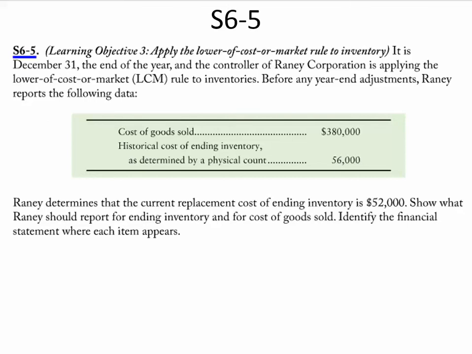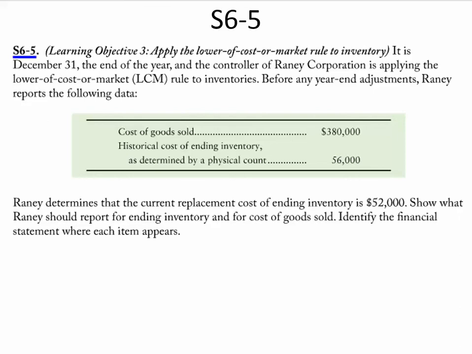They have cost of goods sold of $380,000, and the historical cost of ending inventory as determined by a physical count is $56,000. The company determines that the current replacement cost of ending inventory is $52,000. Show what Raney should report for ending inventory and for cost of goods sold.